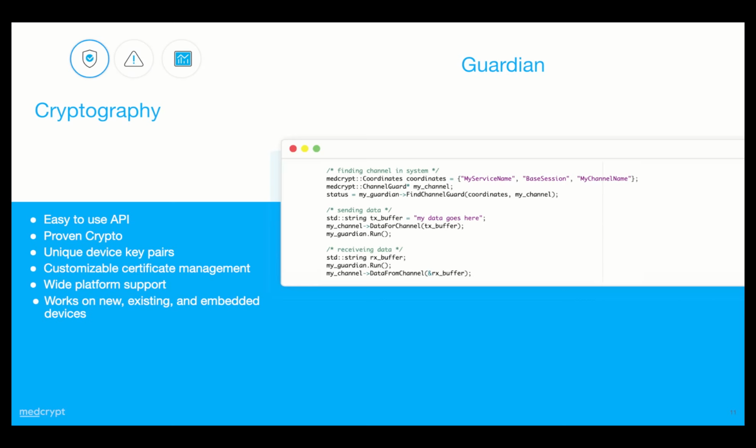Guardian, as well as all other MedCrypt products, are built with the unique needs of the medical devices in mind. And Mike mentioned this specifically, one of the key things for us is we want to maintain clinical functionality at all costs. What this means then is that we allow the MDM to choose the parameters most appropriate for a specific clinical use case.